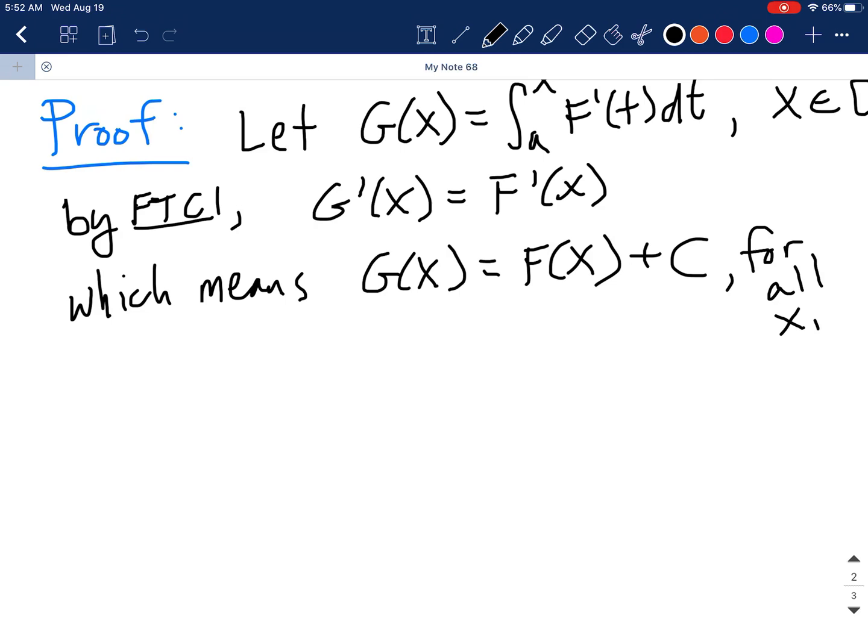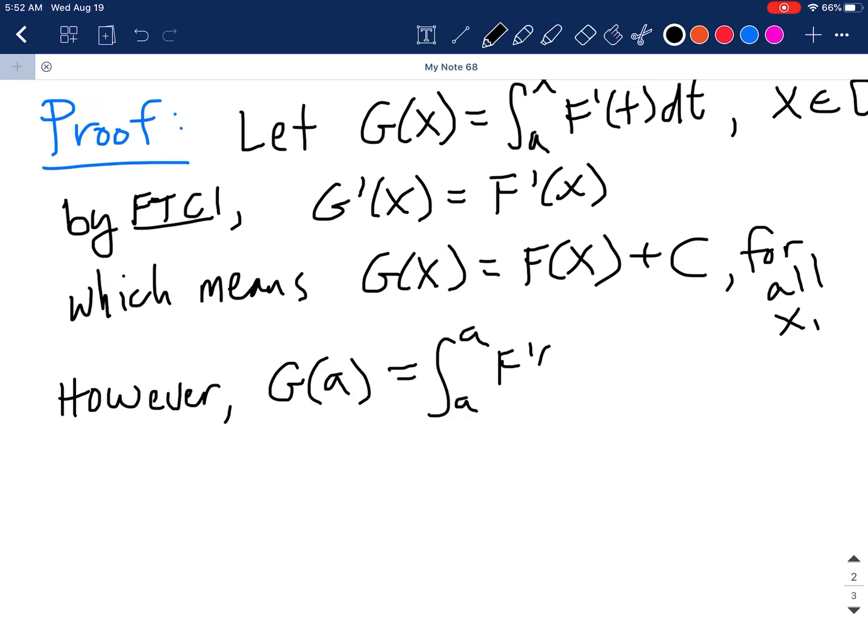So let's play around with this a little bit. Let's note, g of a, which is the integral from a to a of F prime of t dt, is equal to 0.